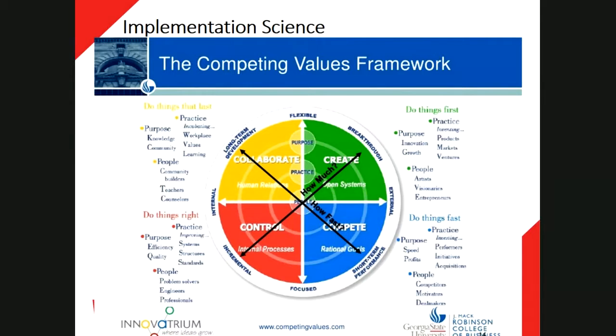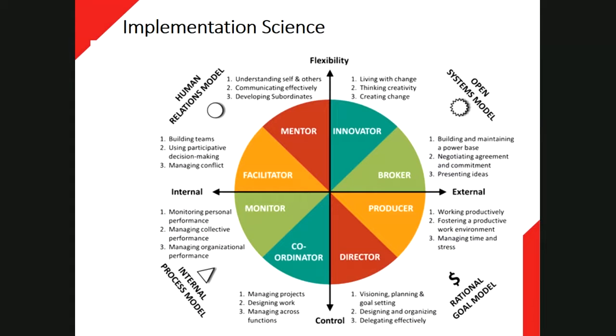You can see here where it talks about the mentor and the facilitator and the human relation model. And so you may need to leverage more around the issue of building a team and using participative decision making, managing conflict where you need to, making sure that there's understanding and communication and an opportunity for subordinates to be developed.